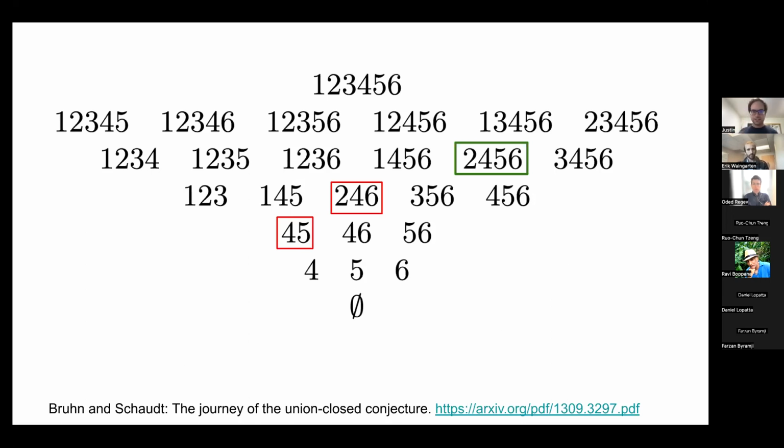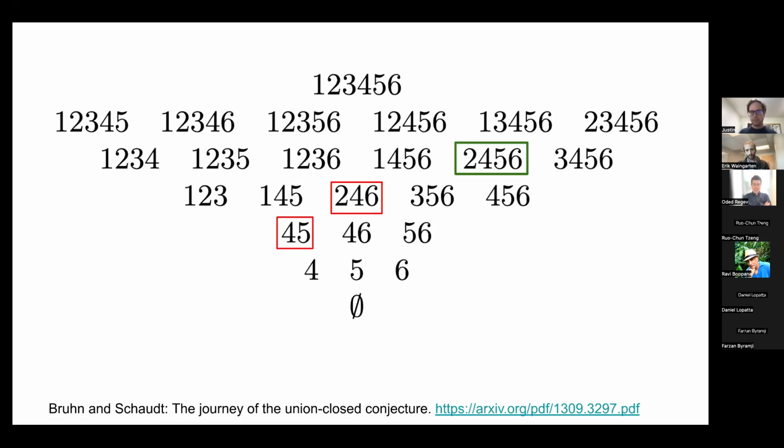Here I've highlighted two sets, the set 4, 5 and the set 2, 4, 6. Their union is the green set 2, 4, 5, 6. You have to check for all pairs that their union is in the family, but that holds. So that's the hypothesis.